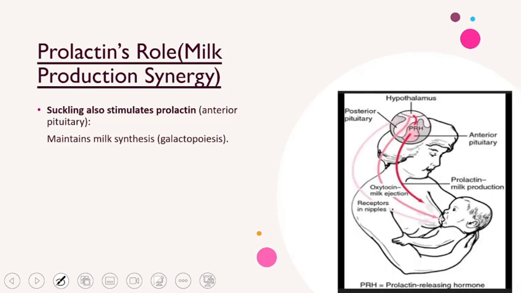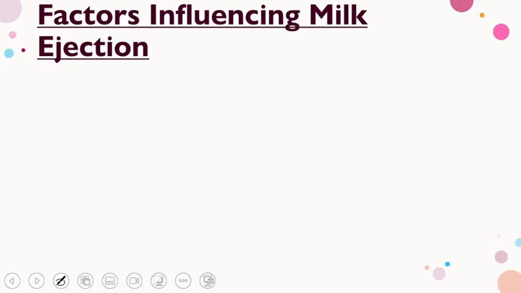And here we can see the prolactin-releasing hormone, which has been secreted from the anterior pituitary, and this mainly helps in the formation or synthesis of the milk that is stored within the lumen of the alveoli or acini of the lactiferous lobules.